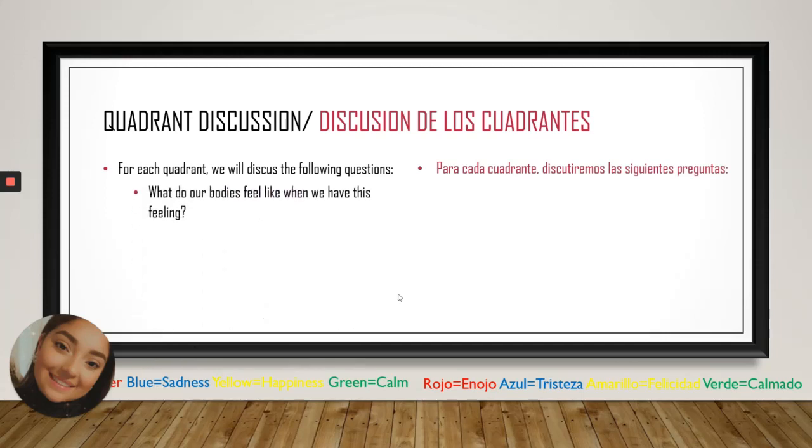So the first question is, what do our bodies feel like when we have this feeling? An example that I can give you to have a vision of how you can answer this is, if I were to answer this and I'm on the red quadrant, which represents anger, what I would say is that how my body feels when I'm angry, it usually feels warm, and sometimes if I don't get my feelings out, then I will most likely start crying, but not because I'm sad.